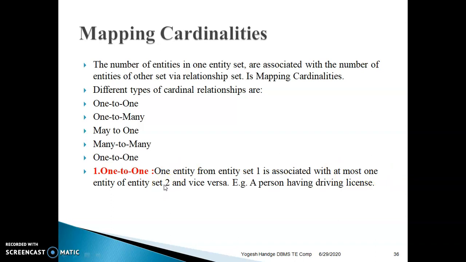There are two entity sets, and one entity from entity set 1 is associated with at most one entity of entity set 2 and vice versa. Example, a person having a driving license. One person having one driving license.